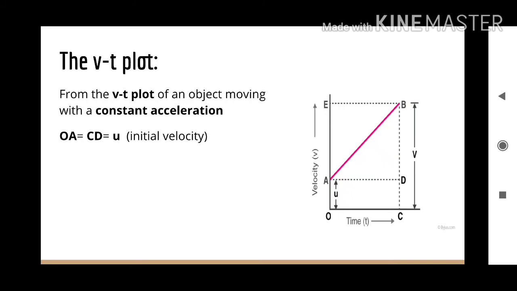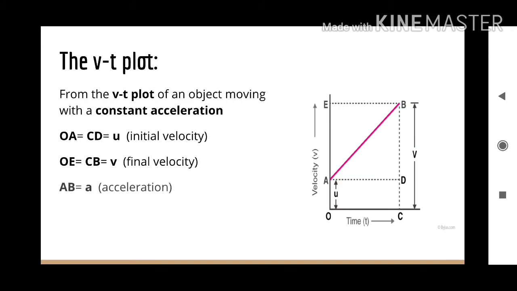OA is equal to CD is equal to u, that is initial velocity, because they are opposite sides of a rectangle and they will be equal. Similarly OE is equal to CB. Since CB is equal to v, that is final velocity, OE is also equal to v, because once again they are opposite sides of a rectangle.